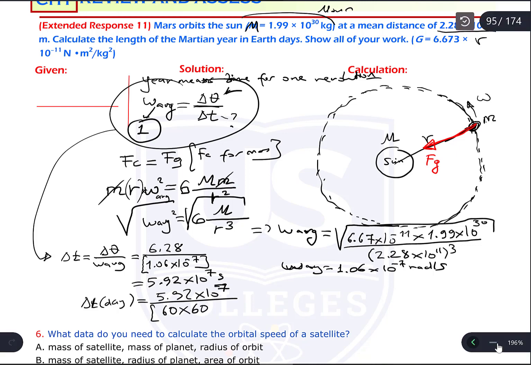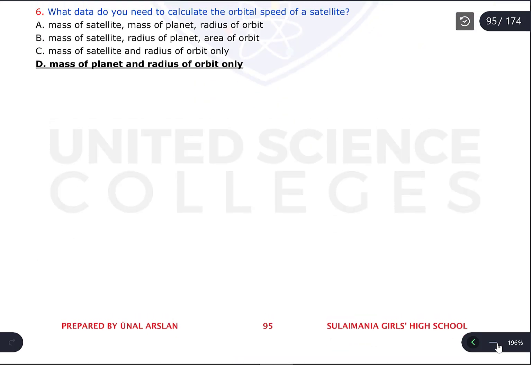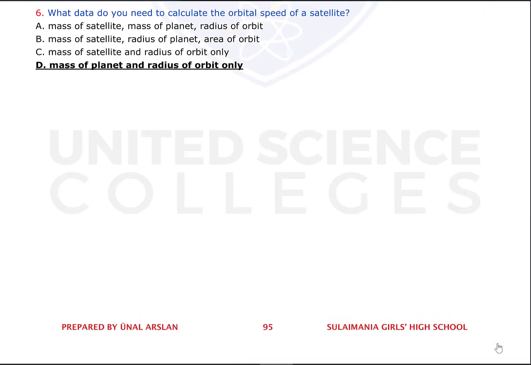Now hours. Hours to days by dividing by 24, because we know that one day is equal to 24 hours. The answer is going to be 685 days.